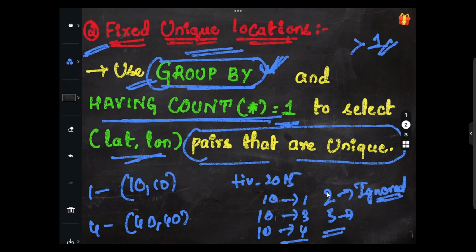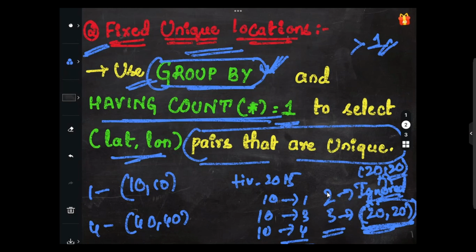PID 3 we also didn't consider. Why? Because it had the latitude and longitude 20, 20, the same as PID 2. We ignored it because in the question they have asked that the person shouldn't be located in the same city.